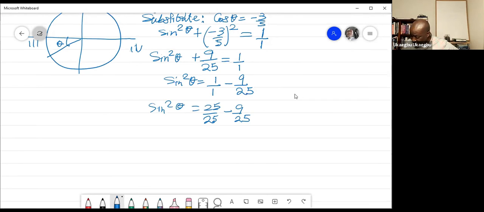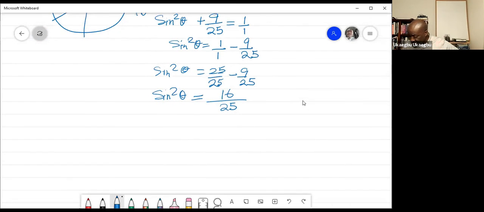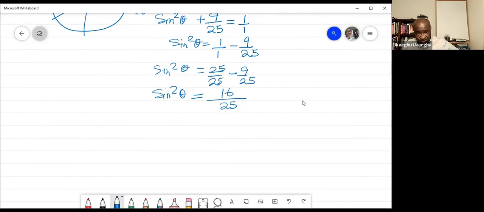Since the denominator is now the same, you just have 25, and then you subtract the numerator. So 25 minus 9 is what? 16. Okay. Sine squared theta is 16 over 25. So if you got 16 over 25, you're correct.